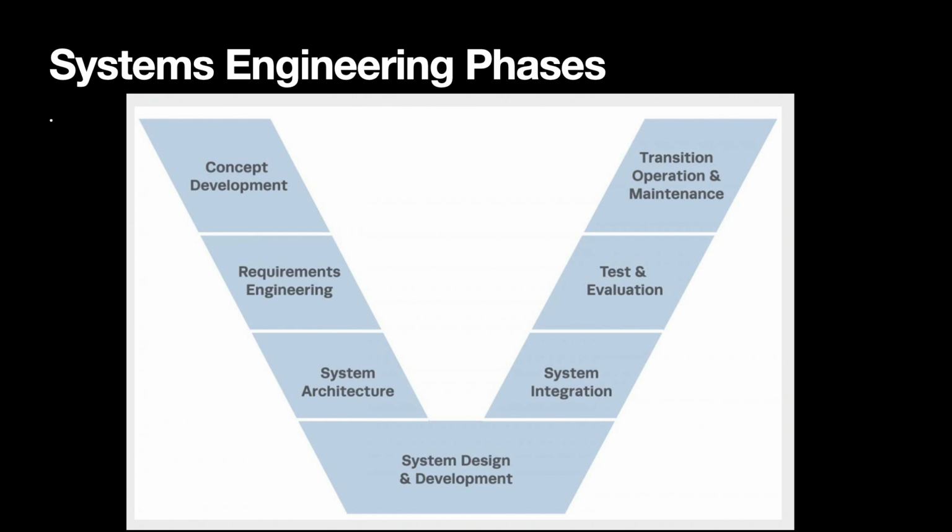The right side of the V represents integration of these entities, including appropriate testing to verify that they satisfy the requirements and their ultimate transition into the field where they are operated and maintained. Let us now see how these phases came into use for GPS.